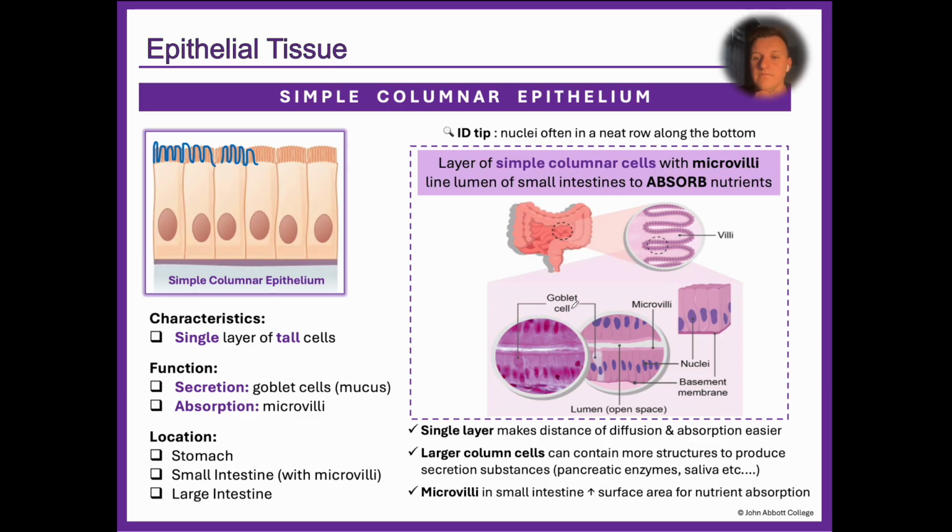So over here, I'll give you the example of the layer of simple columnar cells with microvilli, with these little ups and downs, these brush borders, that line the lumen, the inside of the small intestines, because it helps with absorption of nutrients.